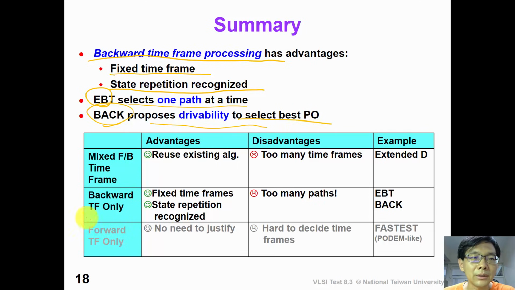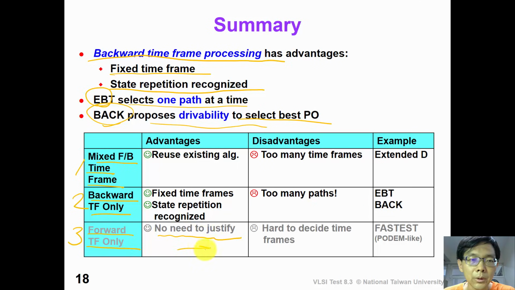Actually, in this table, we can see the mixed forward-backward time frame method and the backward time frame method. Actually, there is a third method, the forward time frame only method. In this method, we don't need to justify any value backward.